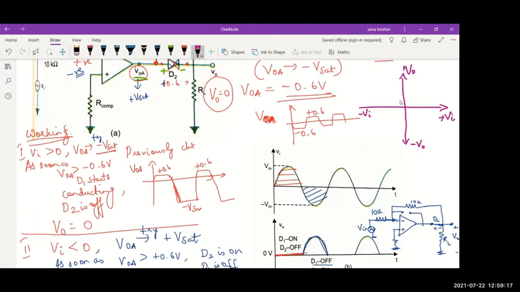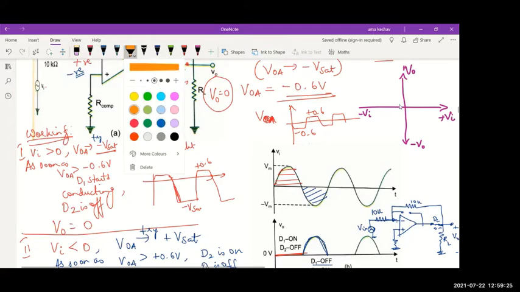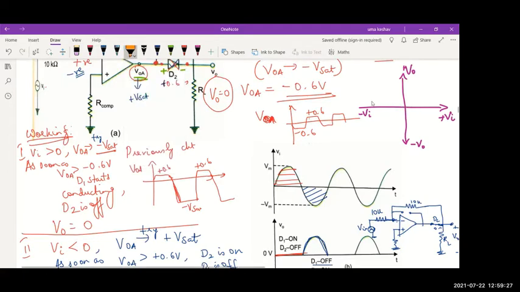When Vi is going positive, the output remains 0. So if I try to plot the output voltage, say for positive half cycle, it should remain 0. It will be on this axis, correct? Whenever the input is positive, the output is 0.